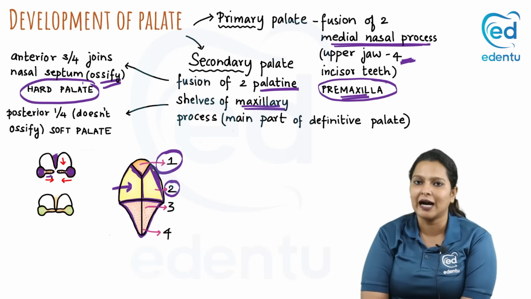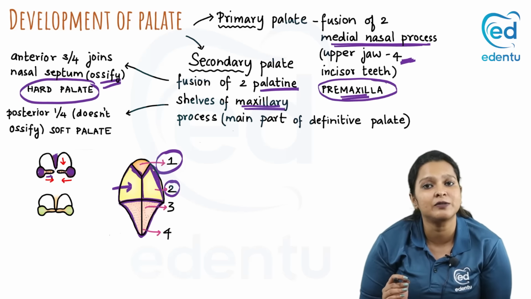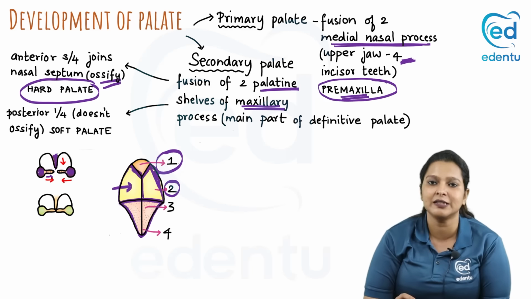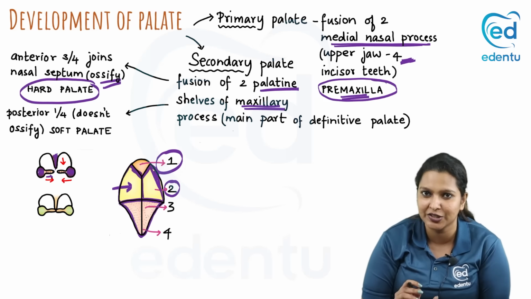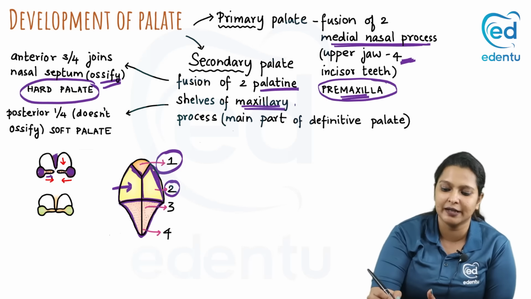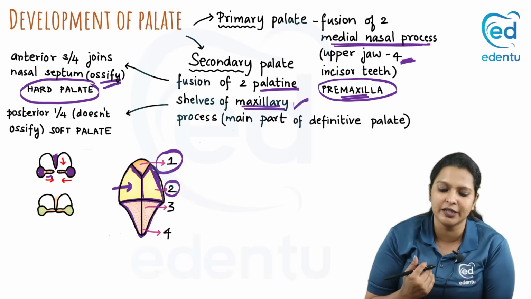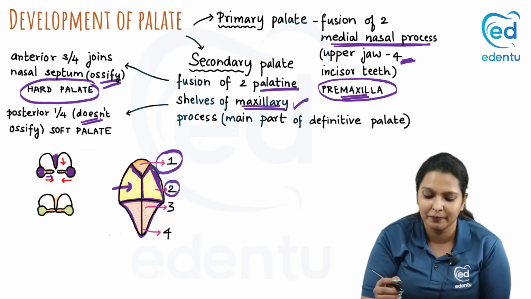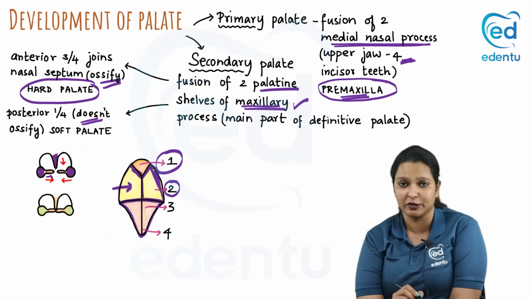So how is the hard palate formed? It is formed from the premaxilla that has formed from the medial nasal process of the frontonasal process, as well as the ossified part of the palatine shelves of the maxillary process. And the soft palate is formed from the posterior 1/4, the unossified part of the palatine process or the palatine shelves of the maxillary process.